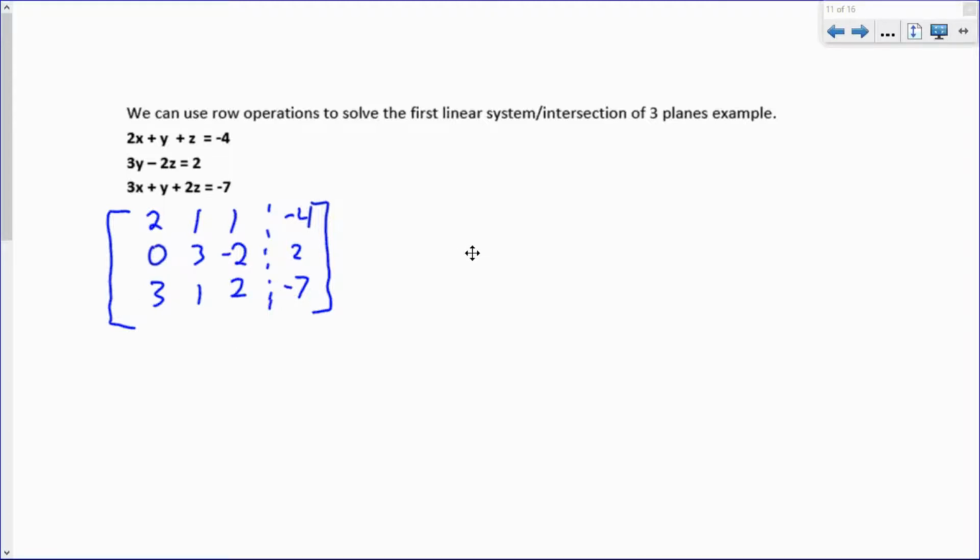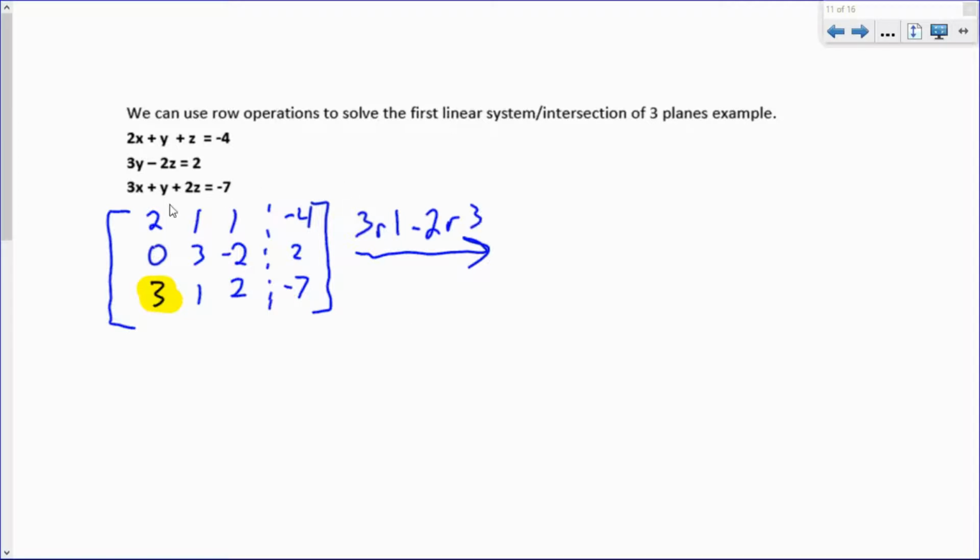The next thing I'm going to do is make this entry here equal to 0 by performing some row operations. So how do I do that? Well, I'm going to combine it with the first row or the first equation. I'm going to take 3 times row 1 and subtract 2 times row 3.